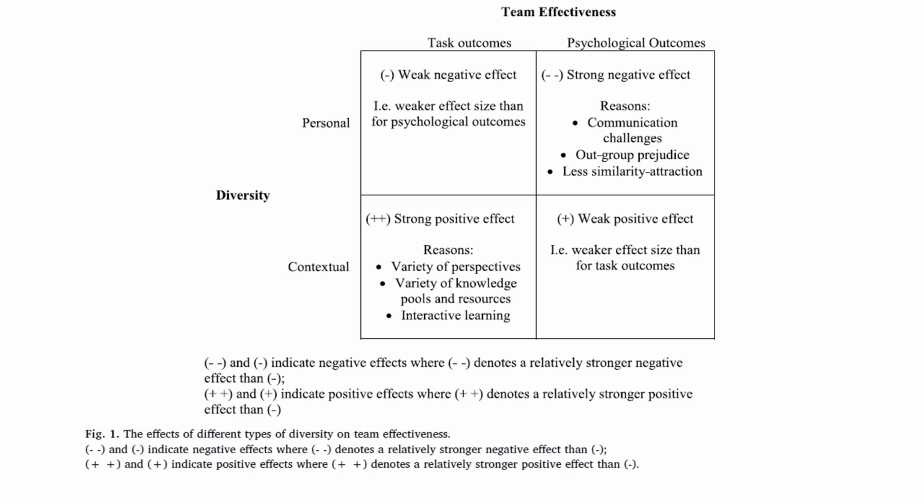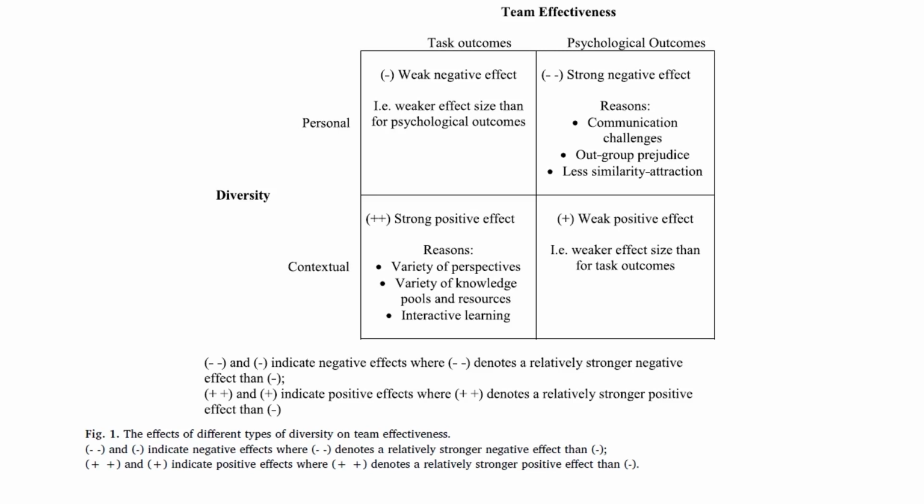And so we looked at about, I think it was something like 15 different diversity dimensions, and then about 10 or so different outcomes that were grouped into personal background and contextual background and task outcomes and psychological outcomes.